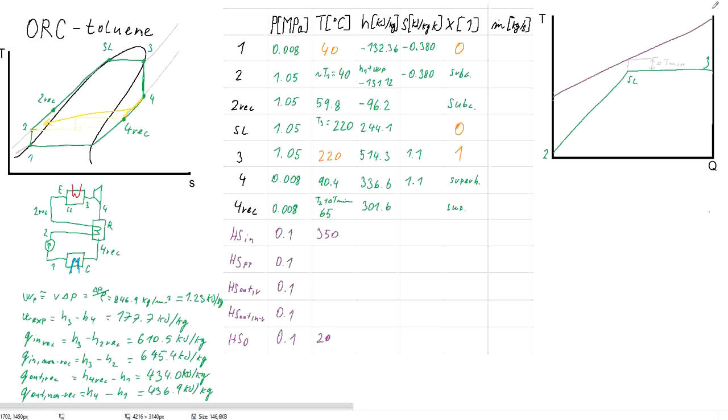On the heat source side, here will be heat source in, heat source pinch point, and heat source out, non-recuperated case. And when we have the recuperation, we save some of the heat input. So instead of point 2 at the beginning of the heat input, we will have some point 2 recuperated.